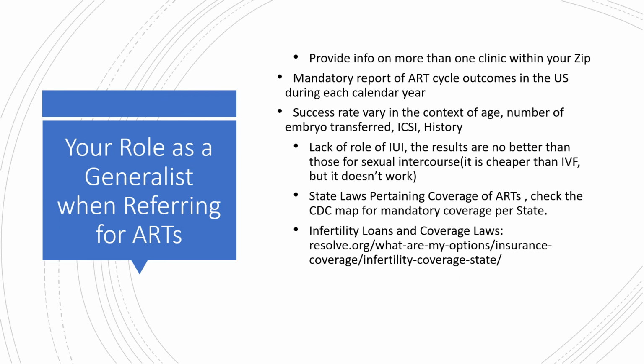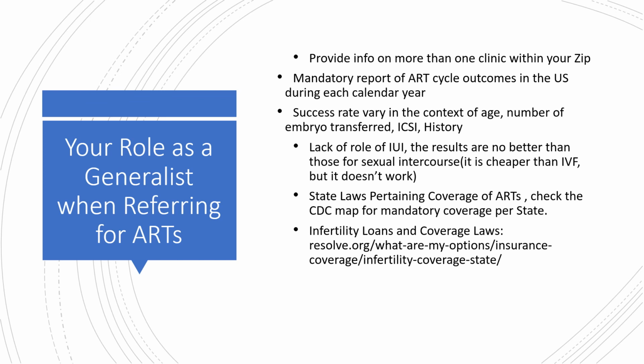When referring to ART, to IVF, you must provide the patient with more than one clinic within your zip code. Those clinics have to report their outcomes. It's mandatory to be certified each calendar year.